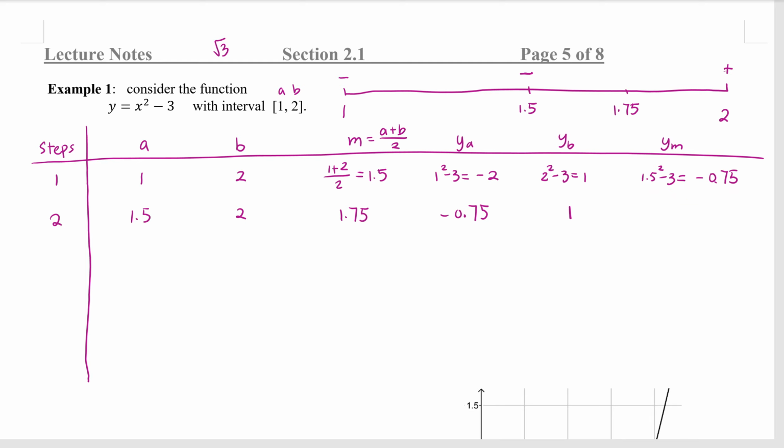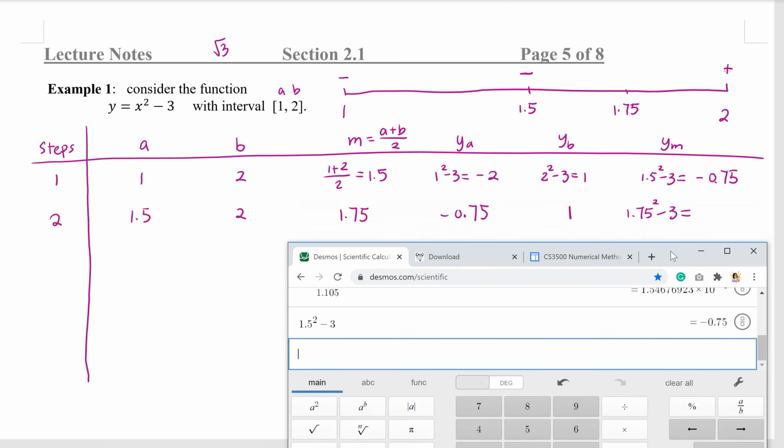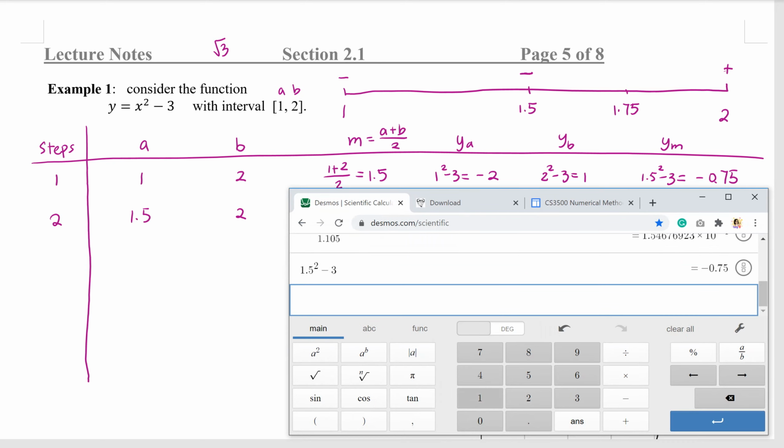Okay, so this is 1.75 squared minus 3, and let's see what that is. I can teach you a good way to do it. The good way is first you type 1.75, then you click enter, right?